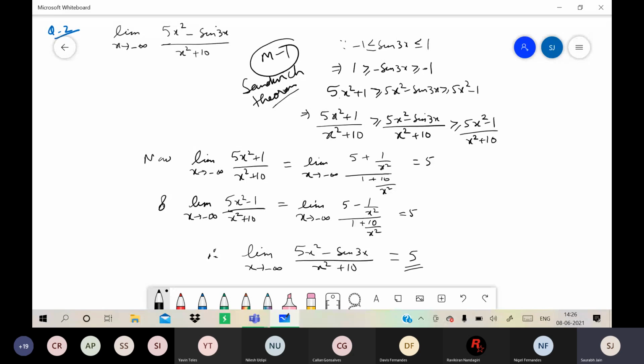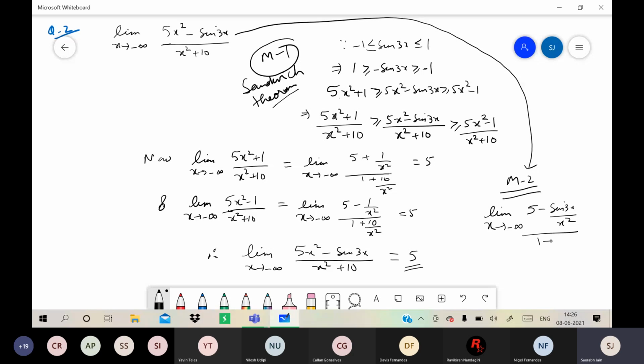See, method 2 becomes very simple. Take the question and divide by x square in the numerator and denominator like this, and you will straight away get the answer 5.